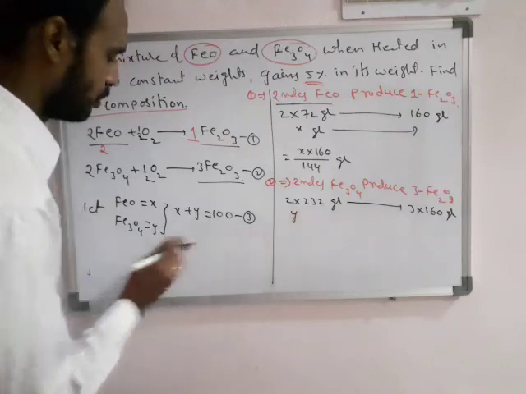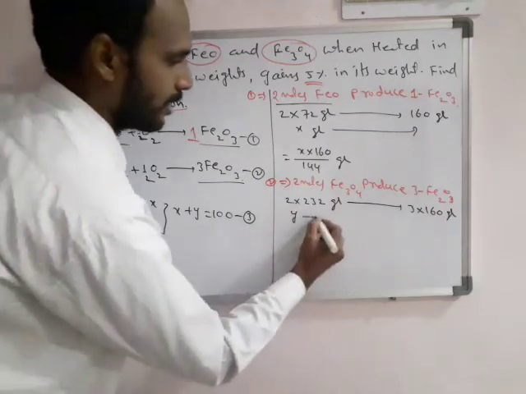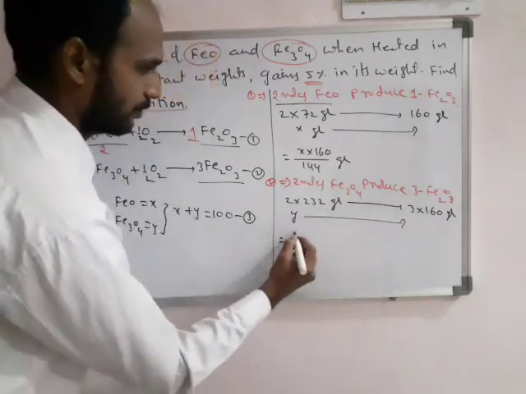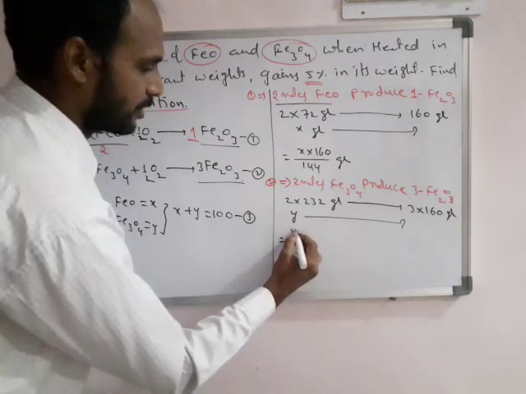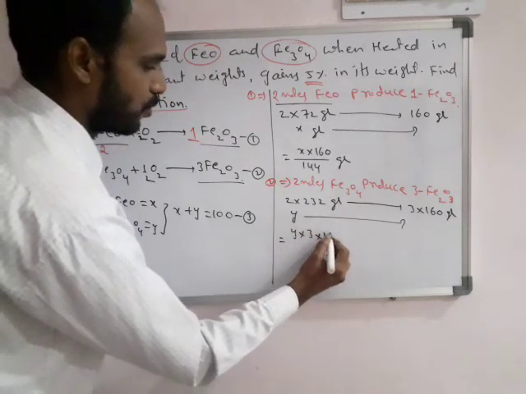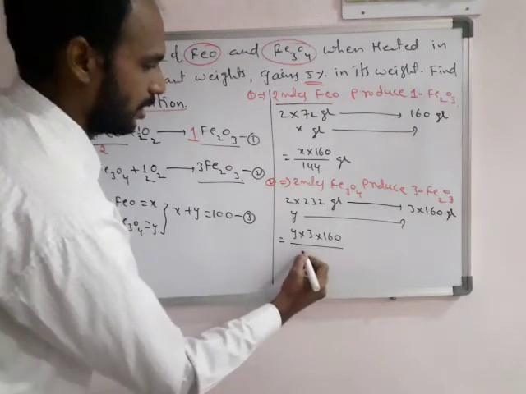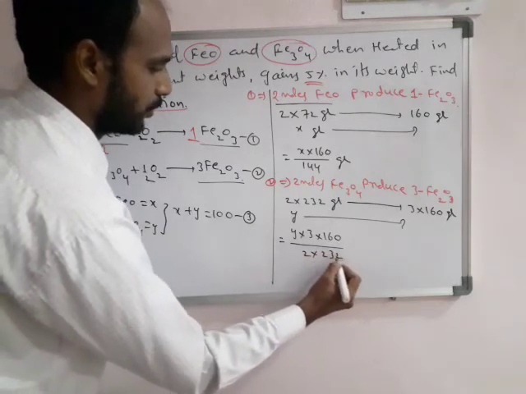Then we took it as y grams. So y grams can produce how much? That is y into 3 into 160 by 2 into 232.